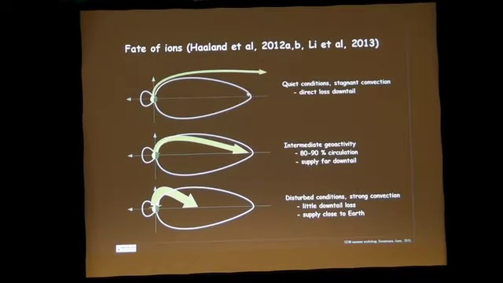For intermediate conditions, you get an intermediate outflow, but they are now transported further down tail and potentially have more time to be energized with various processes in the magnetic tail.